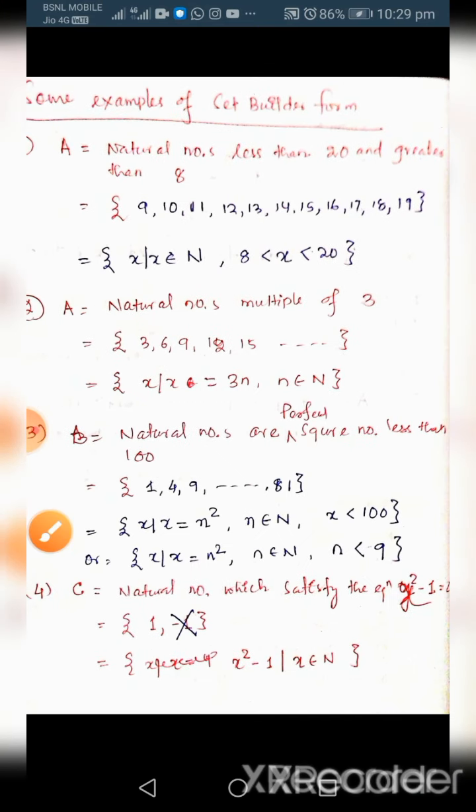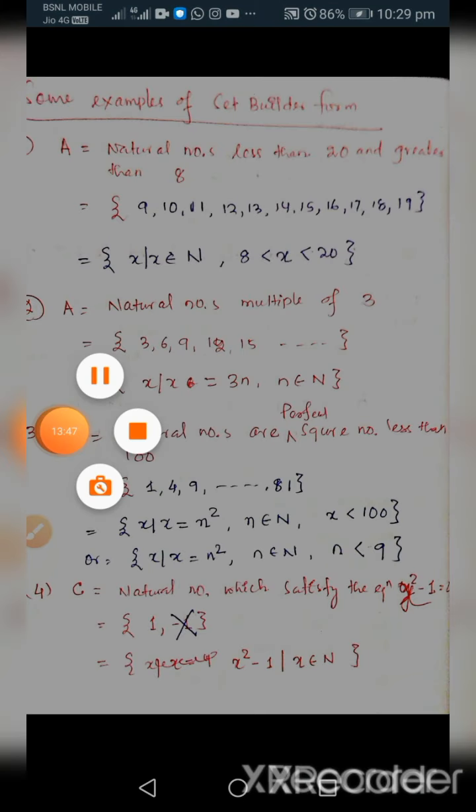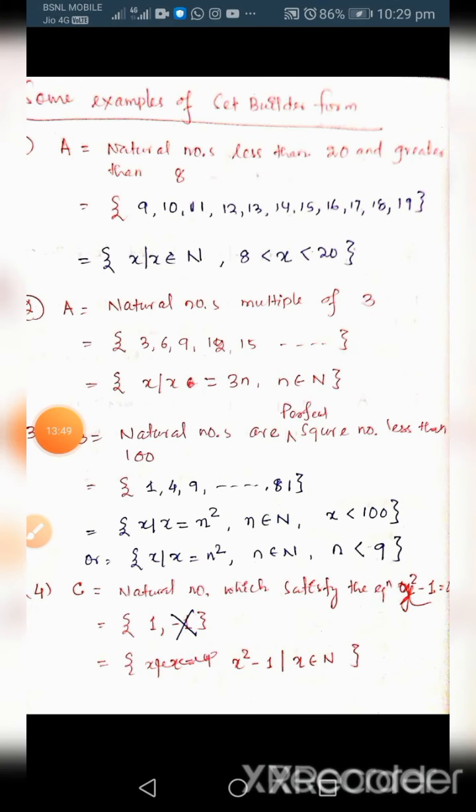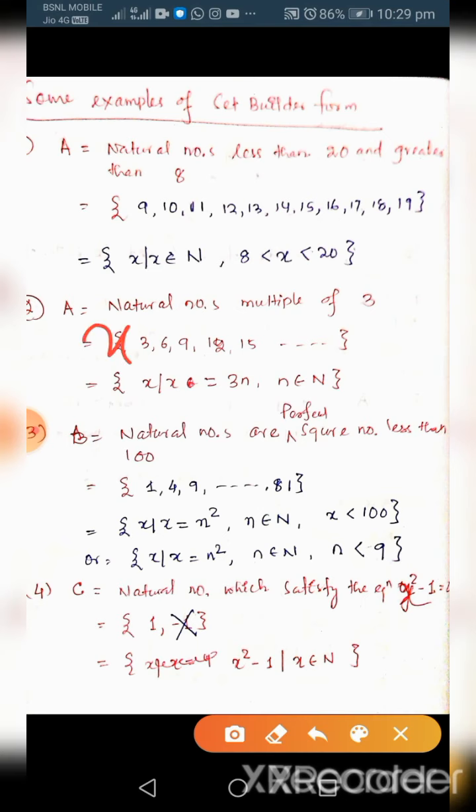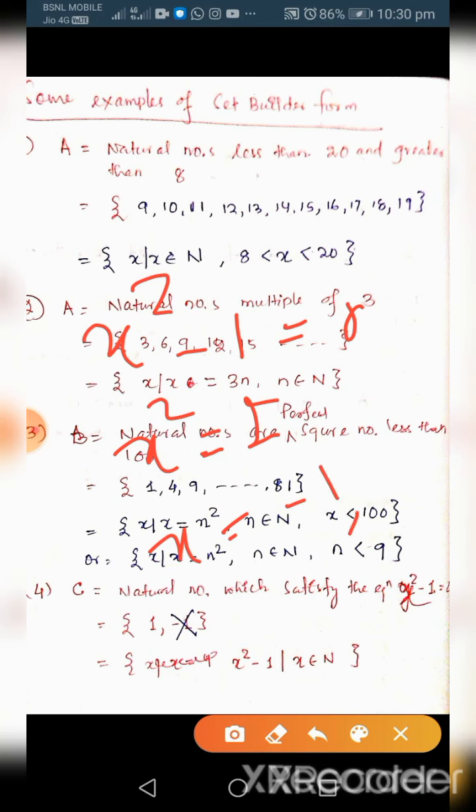Next, the last example is the natural numbers which satisfy the equation x square minus 1 equal to 0. What is the answer? x square minus 1 equal to 0 means x square is equal to 1, and x is equal to minus 1, 1.